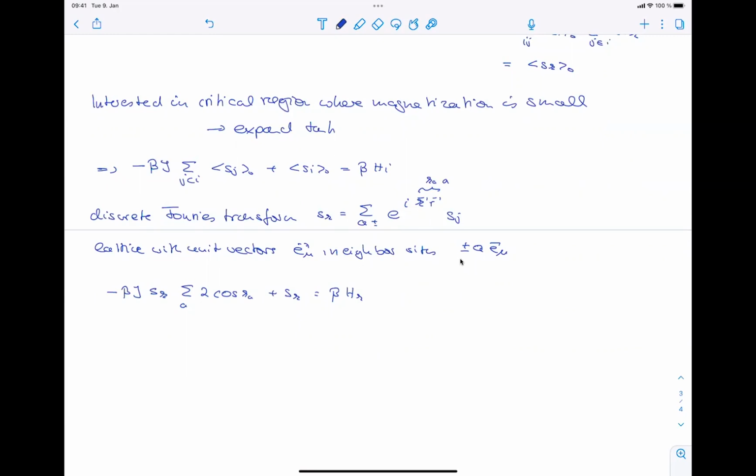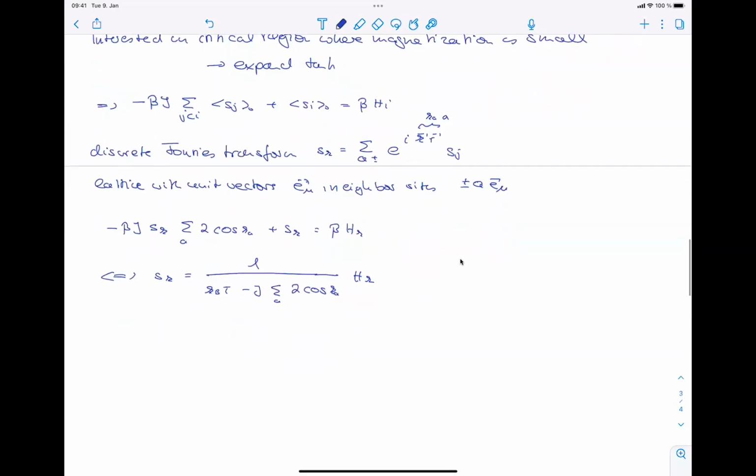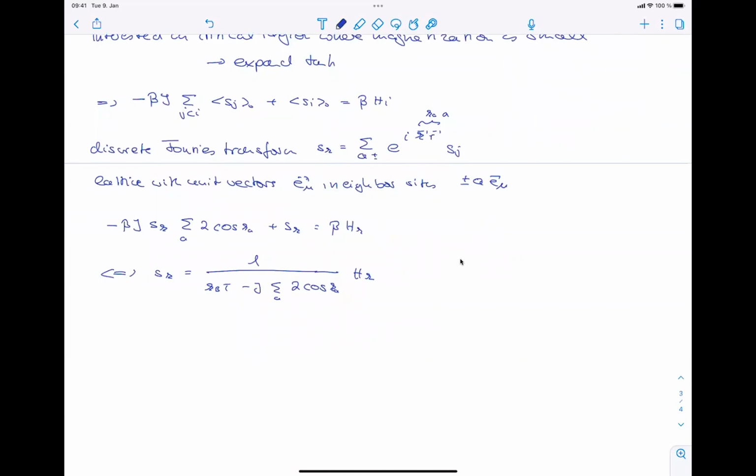And now this equation I can solve for S_k, and that gives me 1 over k_B T minus J sum over a 2 cos ka times h_k. And so now that we've solved it, we can put it back into the back Fourier transform.